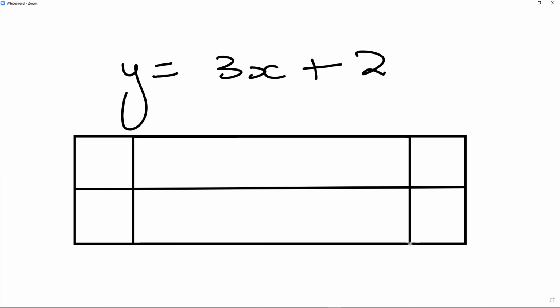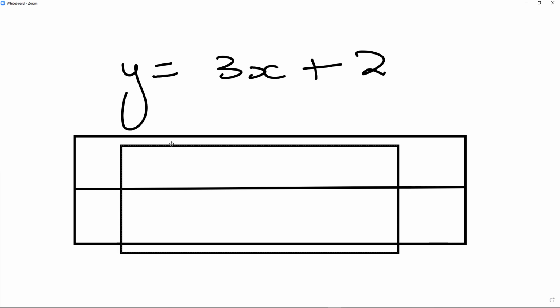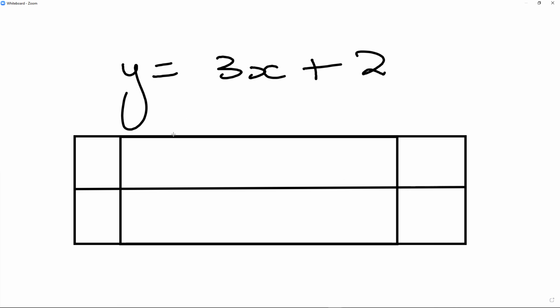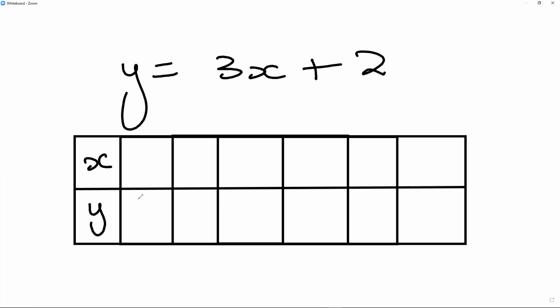Okay, so there's going to be one there, and I'm just going to draw another one here, and then another one here, like that. Okay, now I've got x values and I've got y values. I'm going to choose a random set of x values.